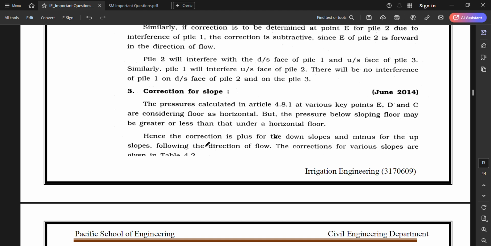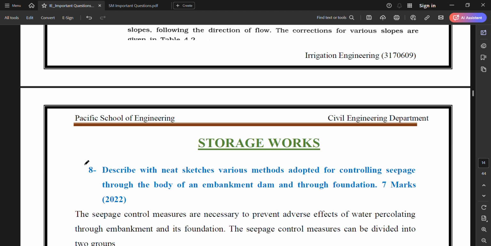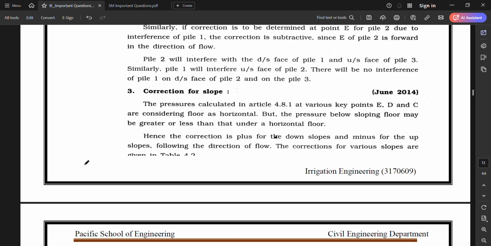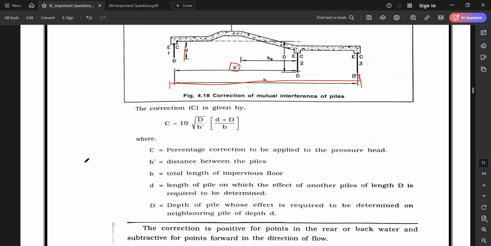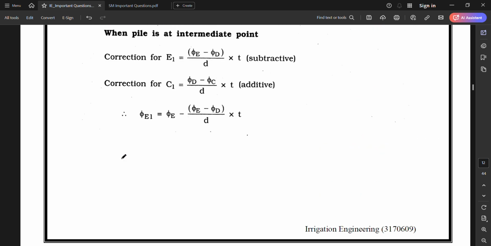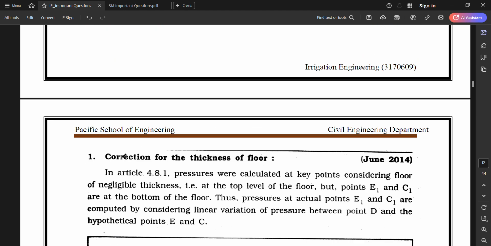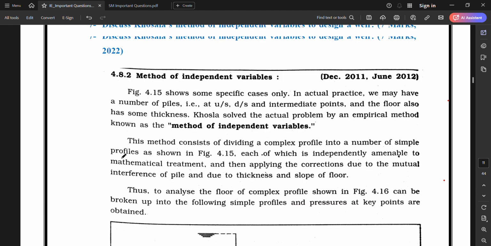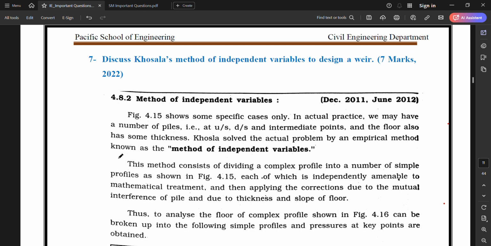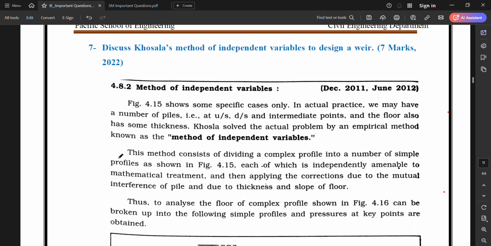Hence, the correction is plus for down slopes and minus for up slopes, following the direction of the flow. The corrections for the various slopes are given. Okay, so go through these three corrections, and this is about the independent variable method of design of weir.